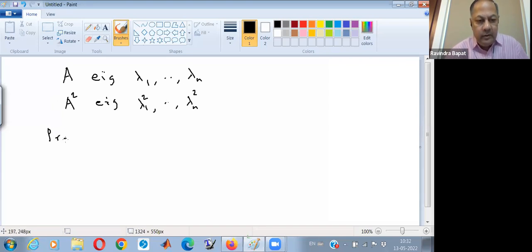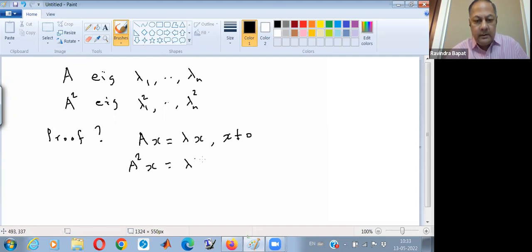Usually the way this is proved, even in classroom by teachers, is that they will say suppose x is an eigenvector for lambda, then Ax is equal to lambda x, and then we multiply by A, so we get A squared x is equal to lambda Ax, but Ax is equal to lambda x, so you get lambda squared x.